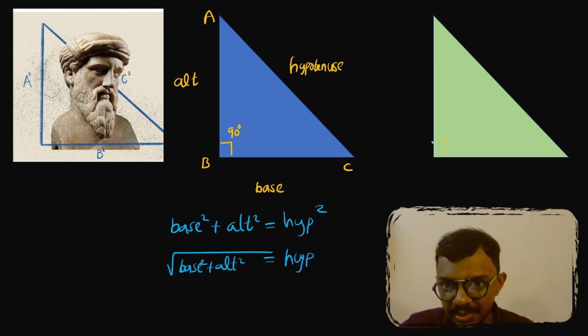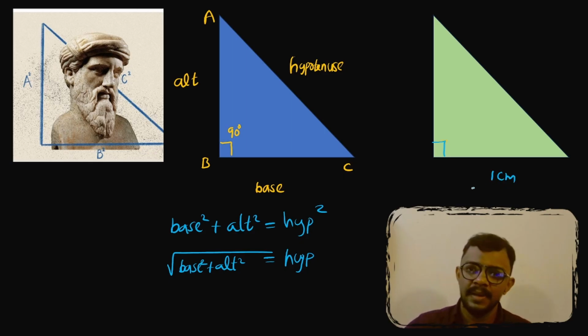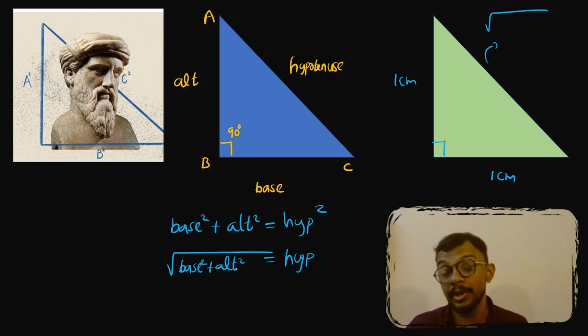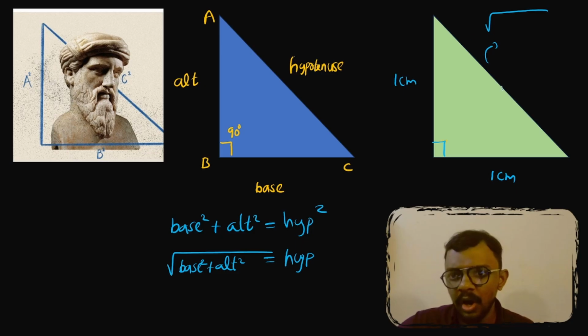Now I have a new situation. I have a right angle triangle. Suppose the base is 1 centimeter and the height is 1 centimeter. What will the hypotenuse be? The hypotenuse will be root of base square plus altitude square, right? Root of 1 square plus 1 square. 1 square is 1.